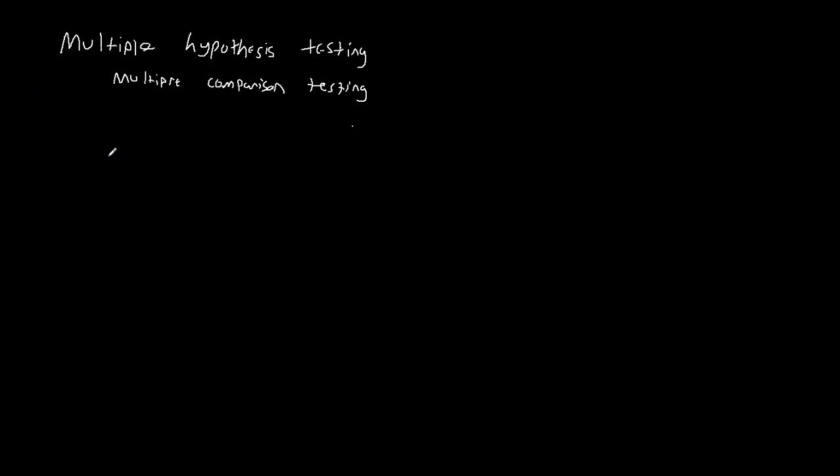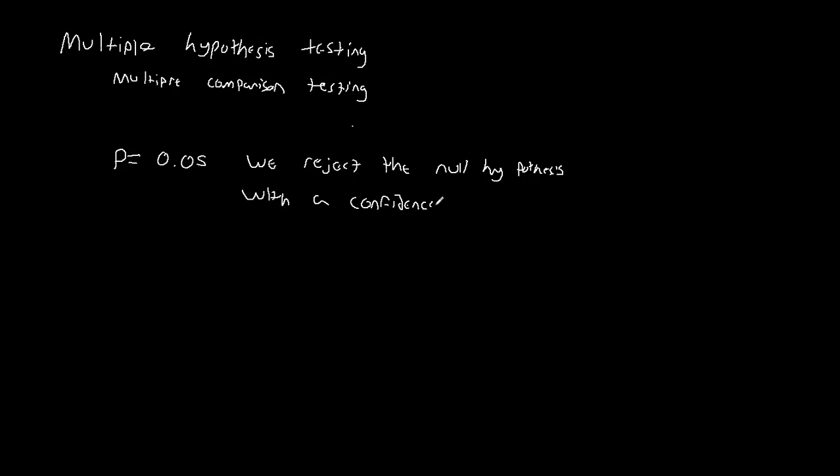And what you have to remember here is that a p-value of 0.05 means that we reject the null hypothesis with a confidence of 95%. That's what this 0.05 means: our value is expected to be this value or greater 5% of the time.